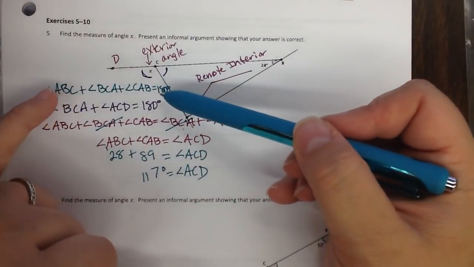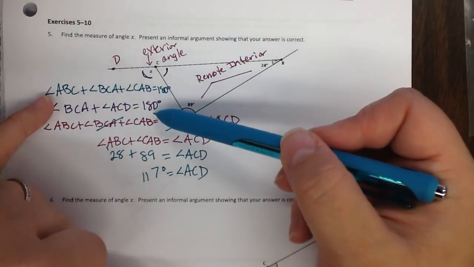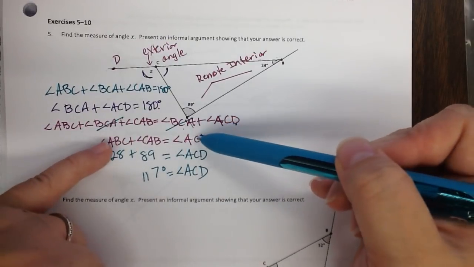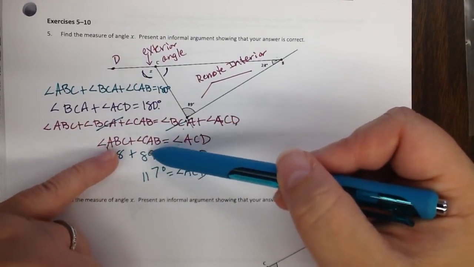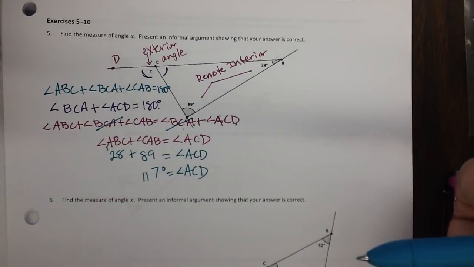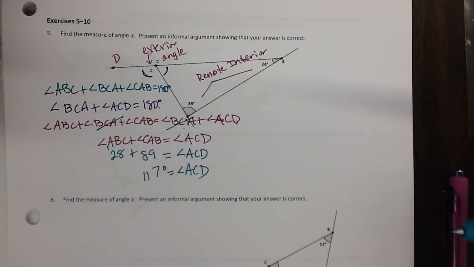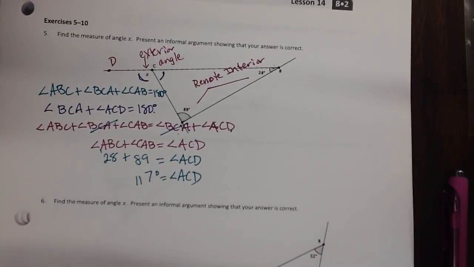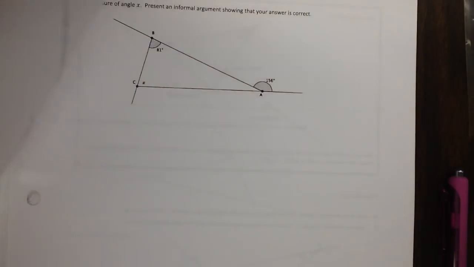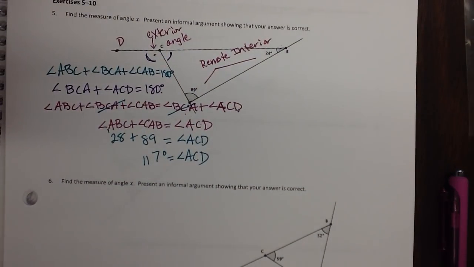Okay, so we showed that a triangle is 180, a straight angle is 180. We set them equal to simplify, and then we plugged in the angles we knew to find the missing angle. Okay, and we're going to do that all the way through 10.